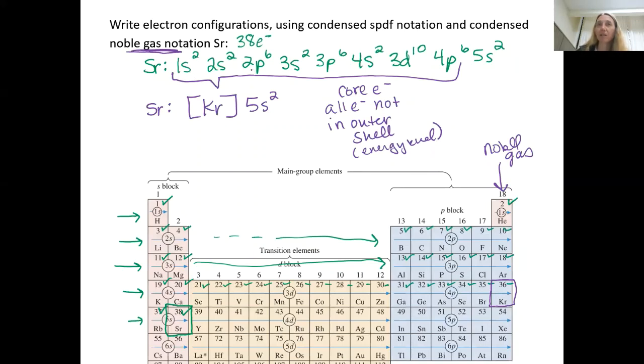Then we move out to 2s and 2p, which is further from the nucleus. And then the 3s are further from the nucleus, and the 4s are even further. And then we hit 5, right? And 5 in this atom is what's called valence electrons. And valence electrons are the outer shell, or the highest number. So in this case, the highest number is 5. And so my outer shell or my valence electrons are 5.